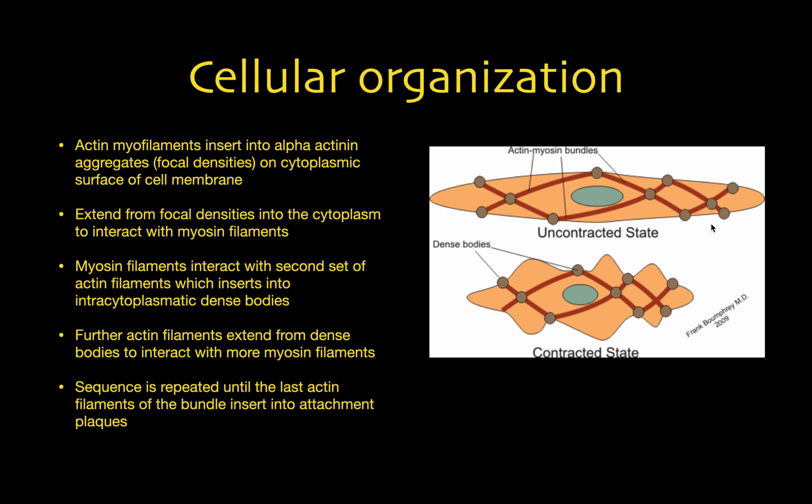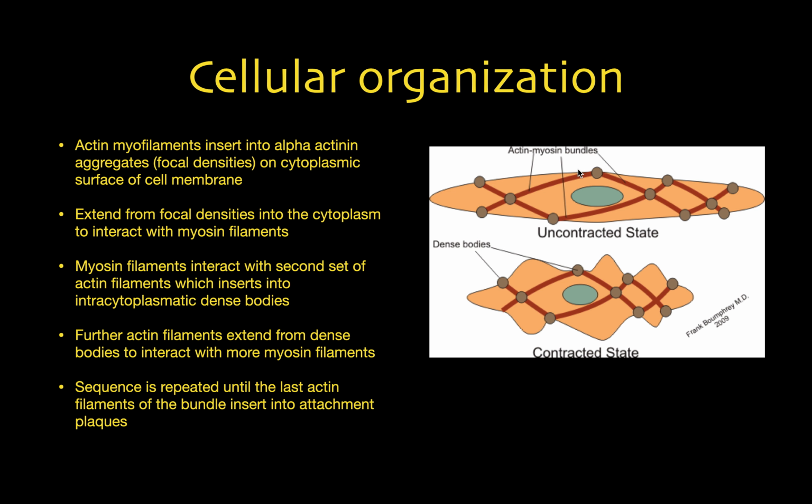Actin myofilaments will insert into alpha-actinin aggregates, also known as focal densities, on the cytoplasmic surface of the cell membrane. And then it extends from the focal densities into the cytoplasm to interact with the myosin filaments.